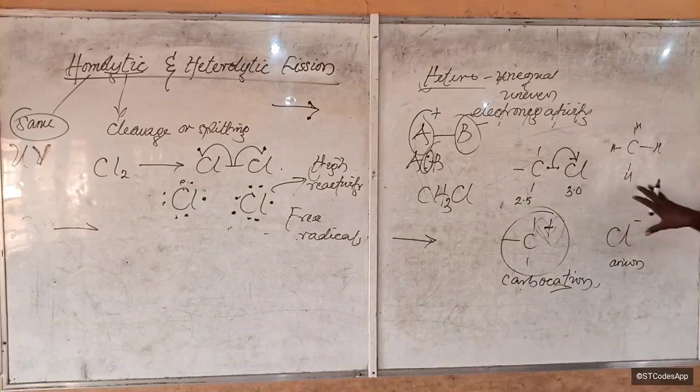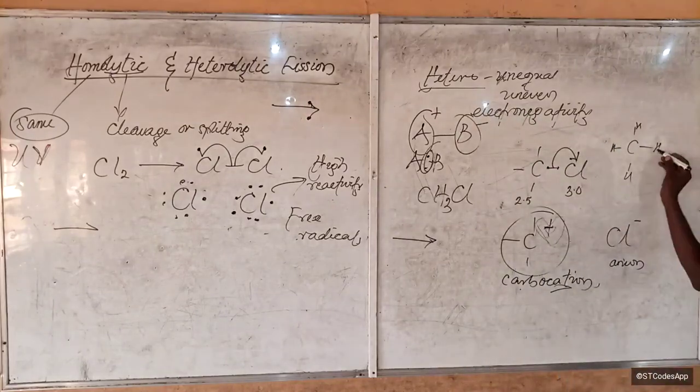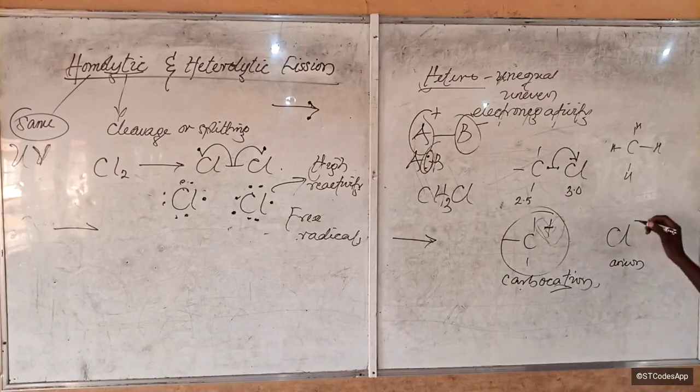Now, if it was just methane that underwent a heterolytic fission, between this carbon and this hydrogen, which one has the highest electronegativity value? The electronegativity of carbon, we said, was 2.5, while that of hydrogen was 2.1.